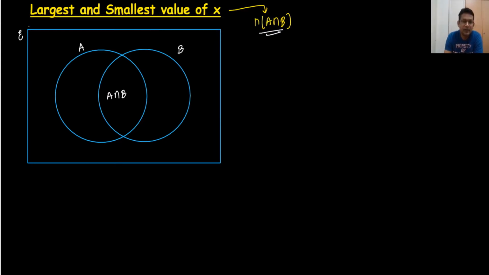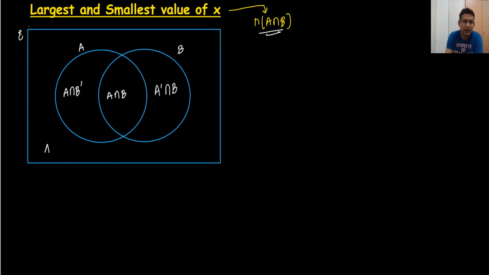This area, we will write as A intersection with B complement, because B is not here. This is the area I'm talking about, and B is not involved. Here, A is not involved, so I will write A complement intersection B. Area 1, Area 2, Area 3. For this area, we have two possibilities.